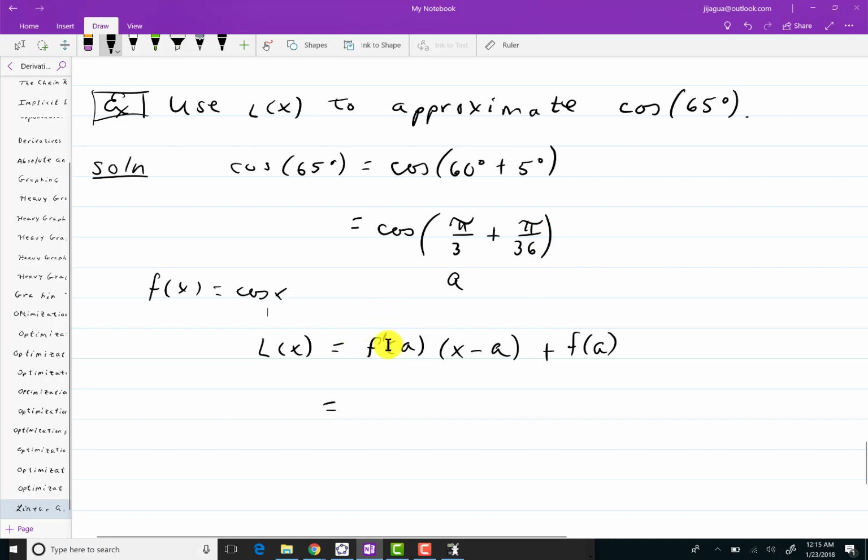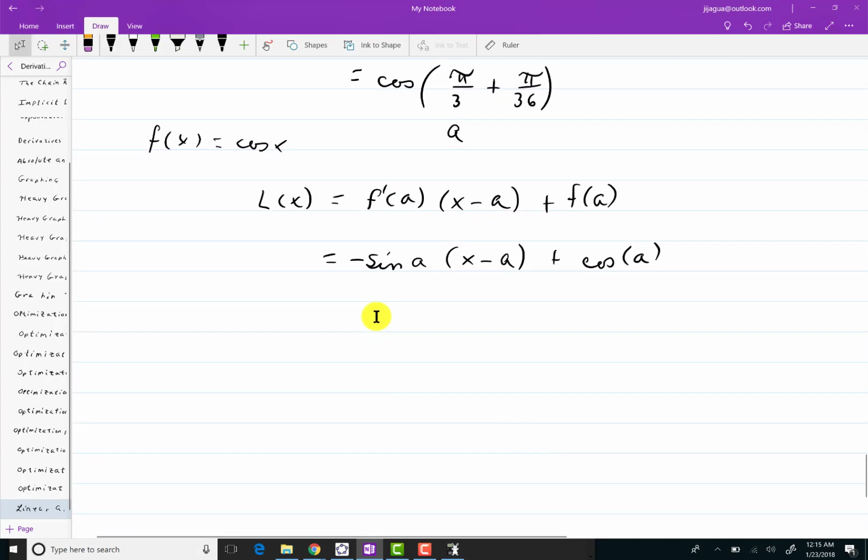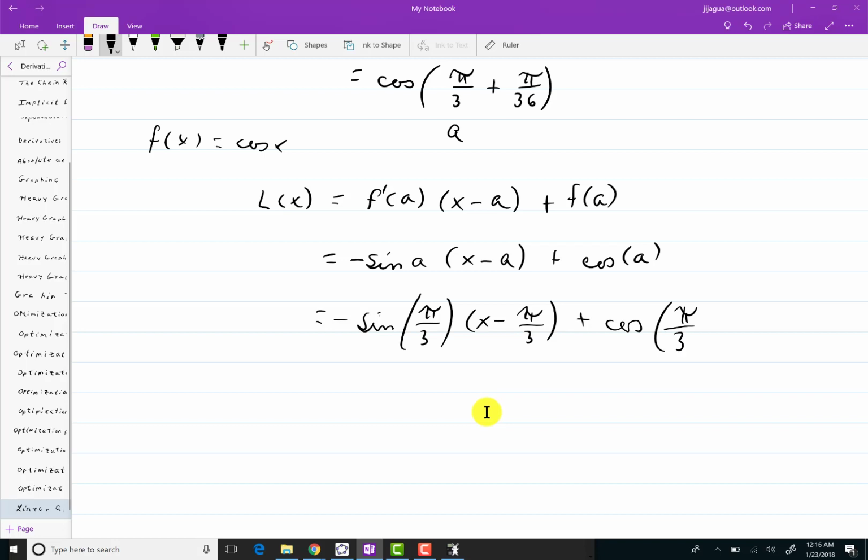So f prime of A will be negative sine of A times x minus A plus f of A, and I suggested A be pi over 3, so we have negative sine of pi over 3 times x minus pi over 3 plus cosine of pi over 3.